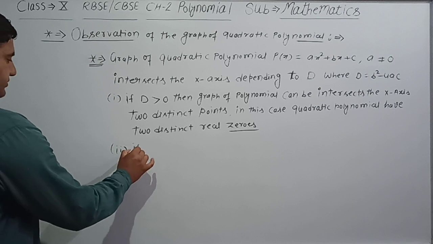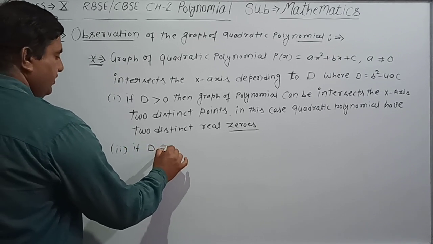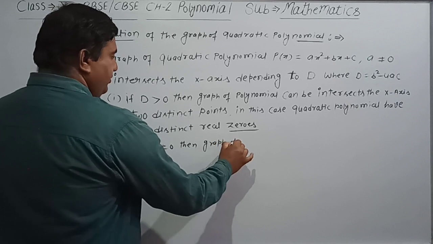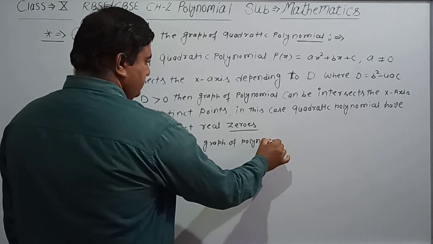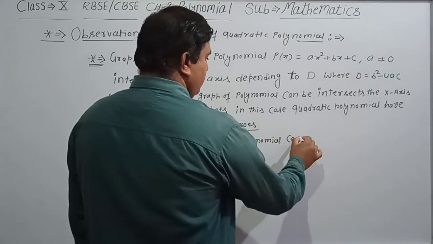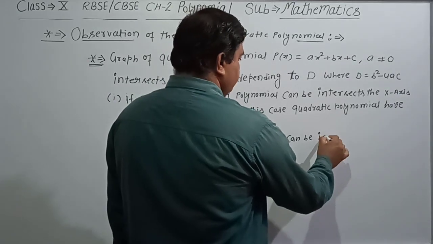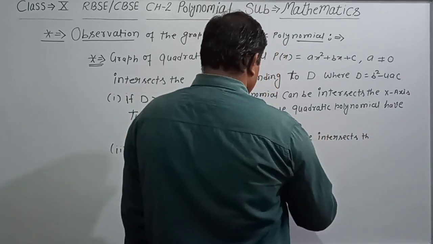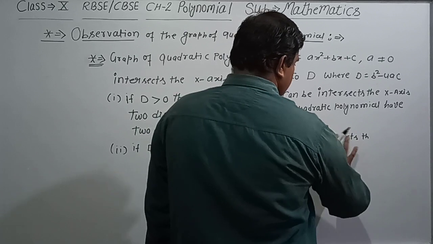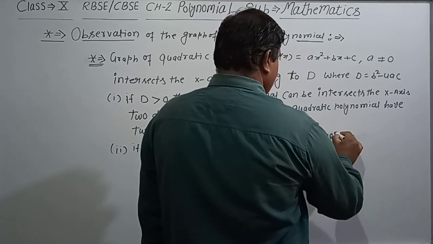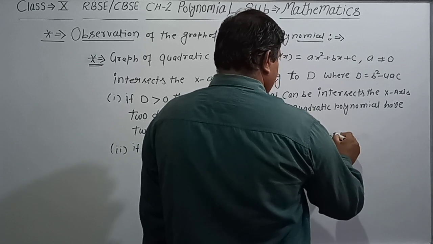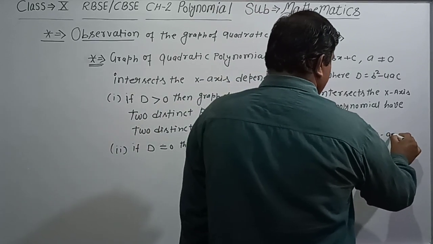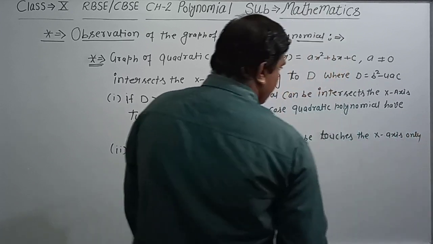Second, if D equals 0, then the graph of the polynomial touches the x-axis at only one point.